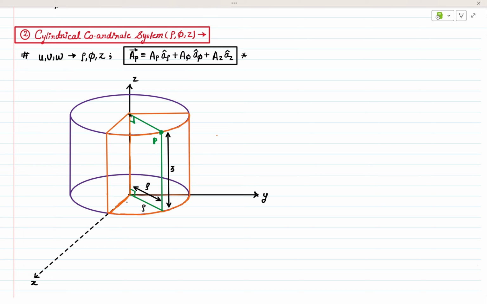Phi is nothing but the angle from this exact plane. That means this is the phi, the angle produced by the point P from this exact plane. I am considering that at x, phi is equal to 0 degree, and at y, phi is equal to 90 degree.